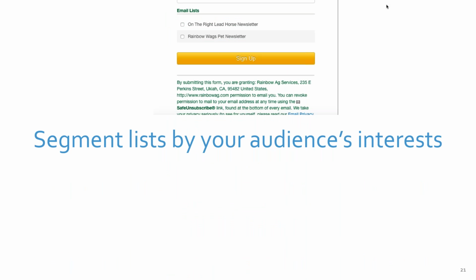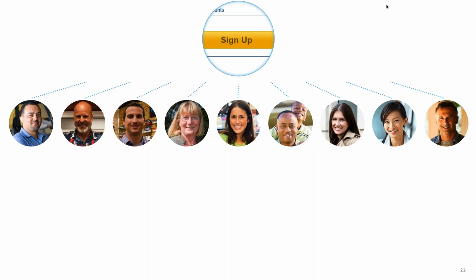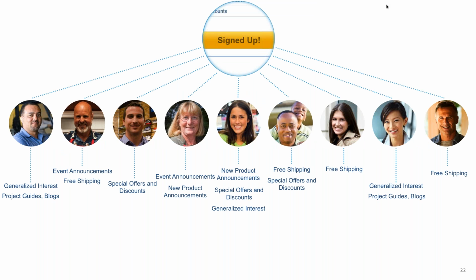Okay. So in this case, they're segmenting their audience. All right. Businesses can segment their audience in a number of different ways based on what information they want to share. And so when they sign up, you can send generalized content.